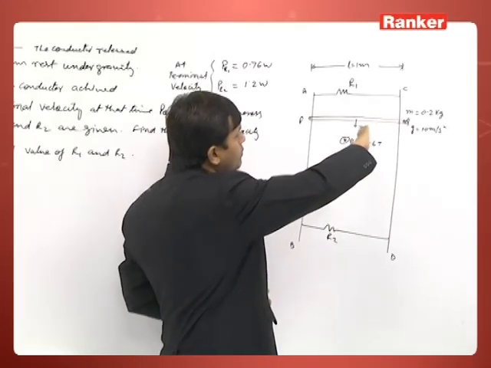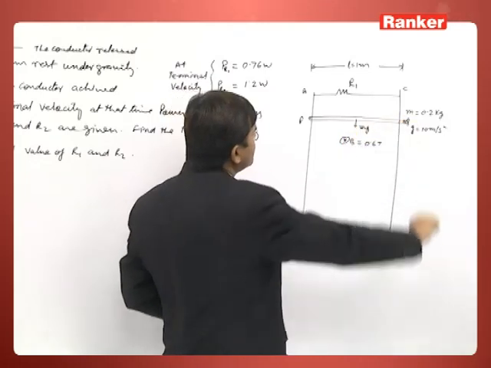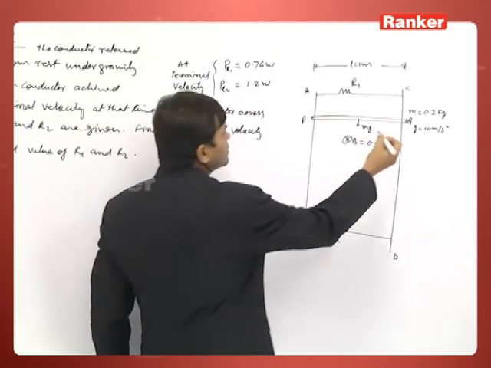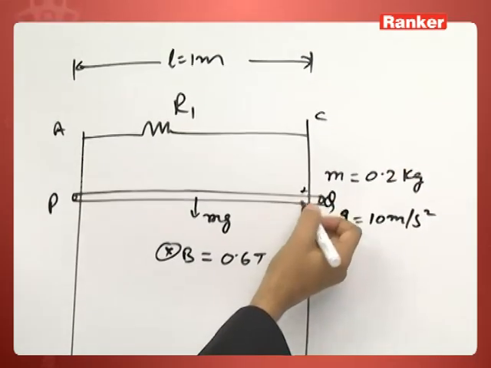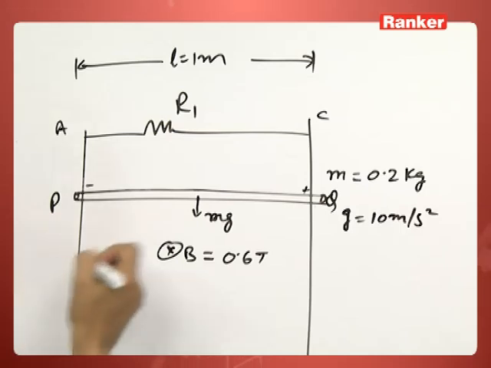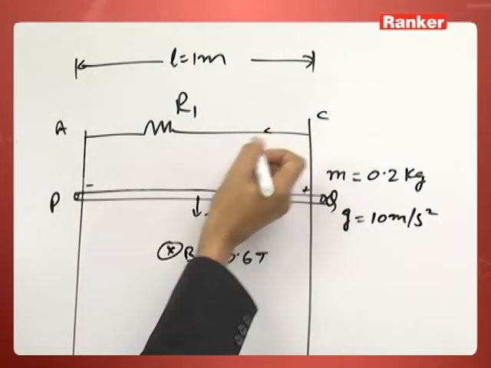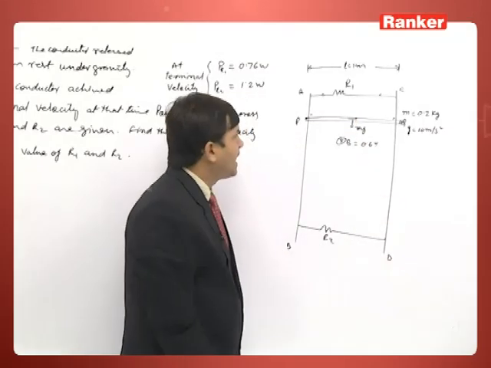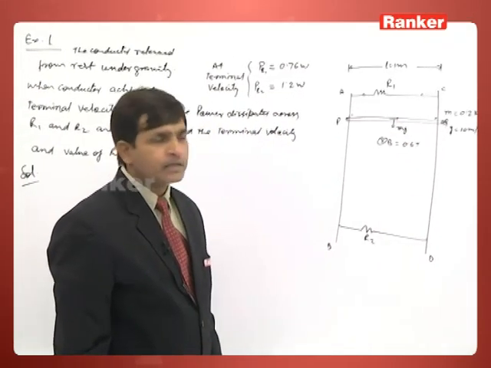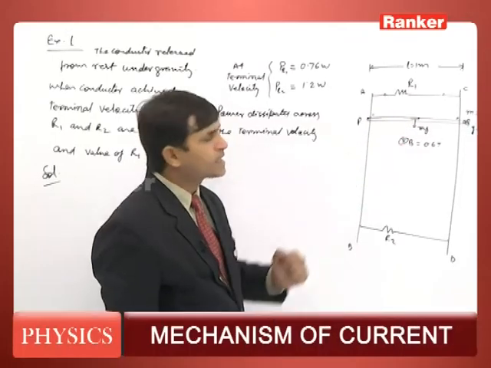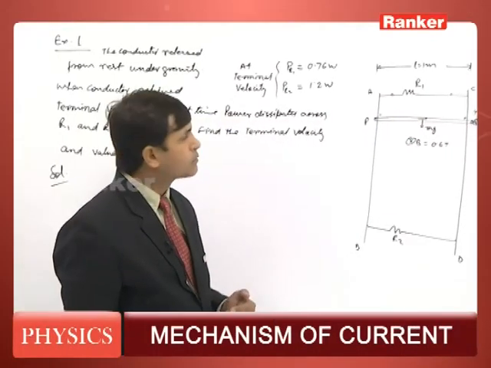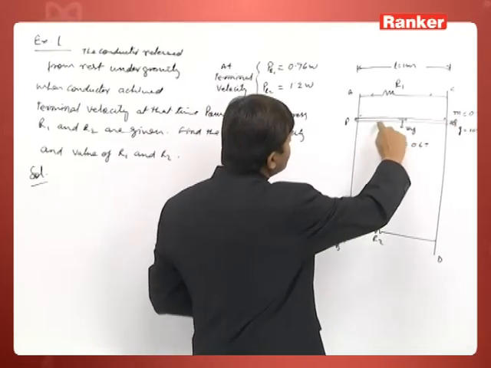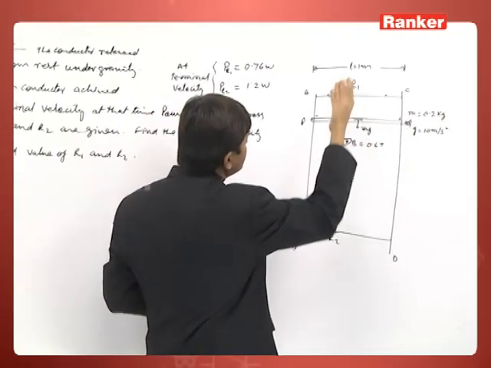So according to the rule, the Q terminal will be at higher potential than P. As Q is at higher potential than P, the current will flow in that direction. As soon as current starts flowing, this conductor experiences a magnetic force also. The magnetic field is inward, the current is rightward, so the magnetic force is upward.